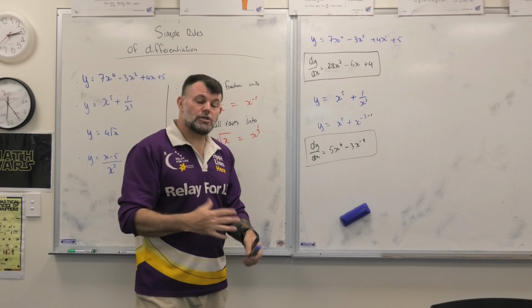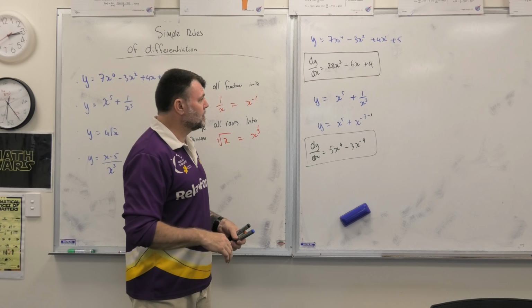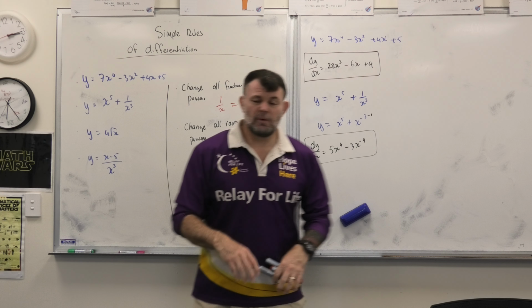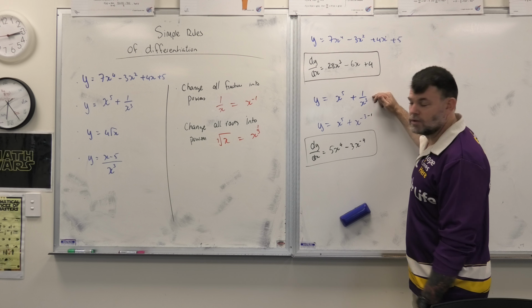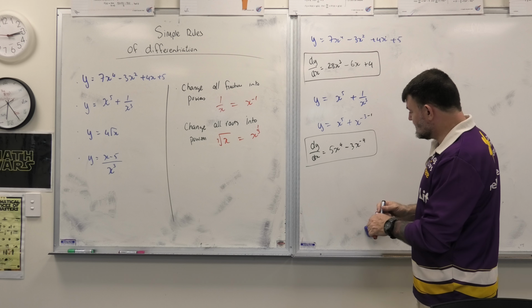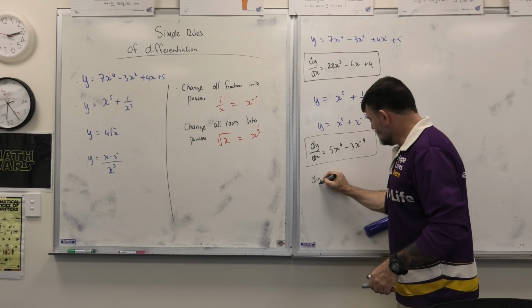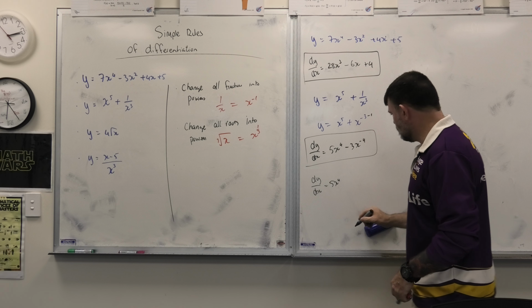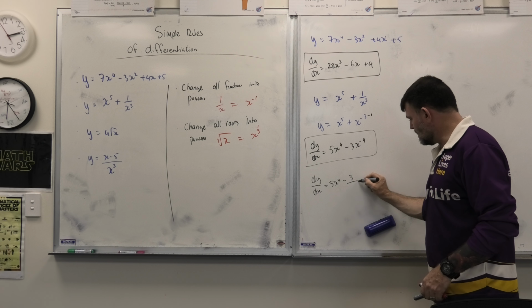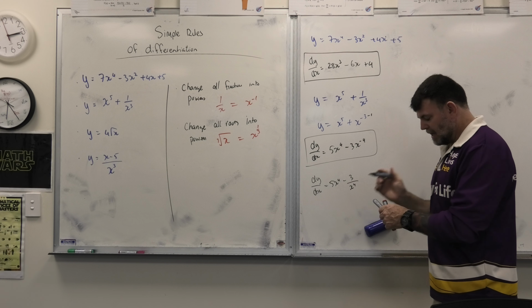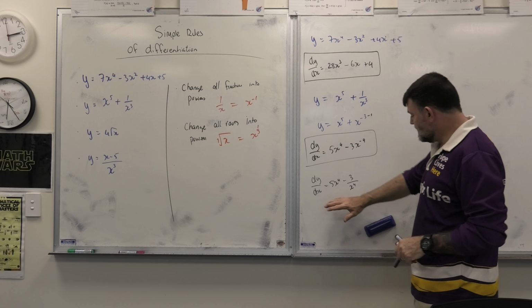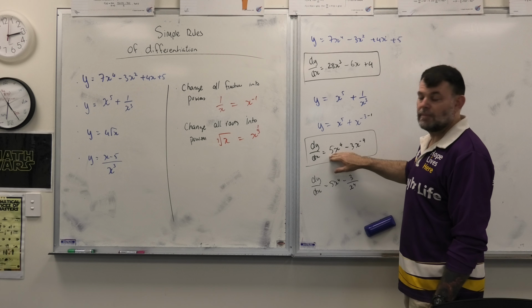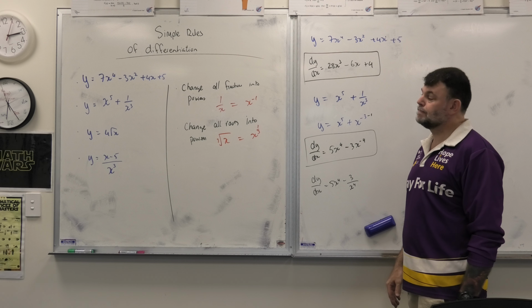However, a lot of times you may be asked to simplify it, and if we're simplifying it, we're changing it back to what it originally was. So we can write the simplified version: dy/dx is now equal to 5x to the power of 4 minus 3 on x to the power of 4. And this is the same as this answer, it's just simplified.